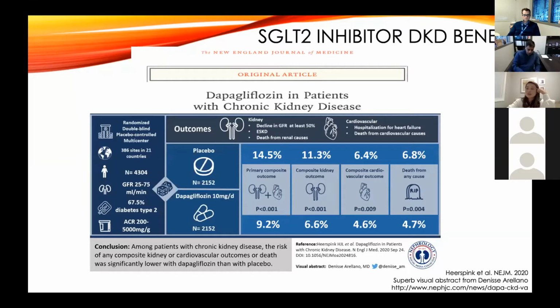And the mean eGFR in DAPA-CKD was also lower, at 43 ml per minute. They also included patients with an eGFR of less than 30 ml per minute. About 14.5% of those patients had an eGFR less than 30 ml per minute. And they found the same renoprotective benefits, with a number needed to treat of 19.